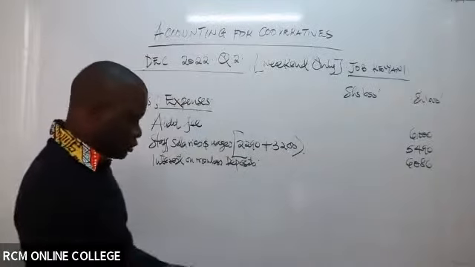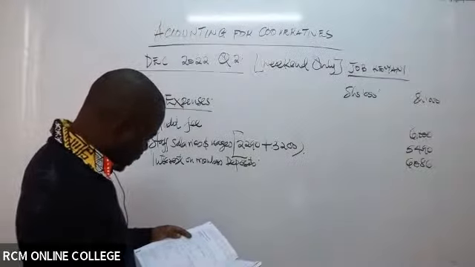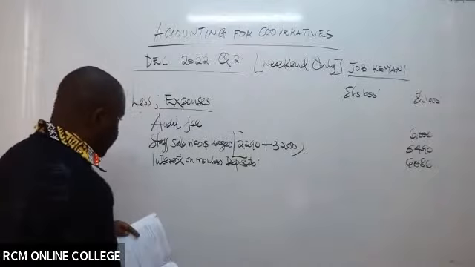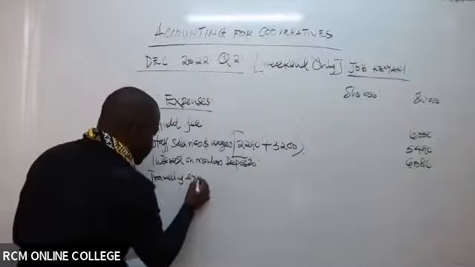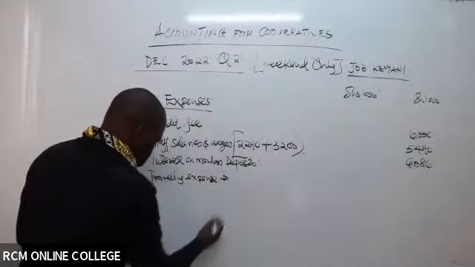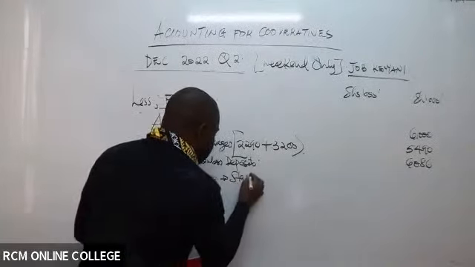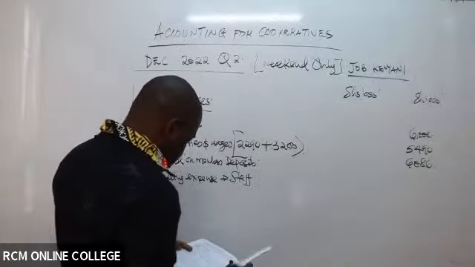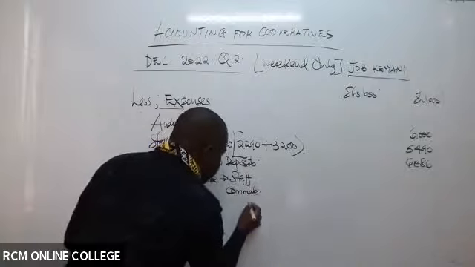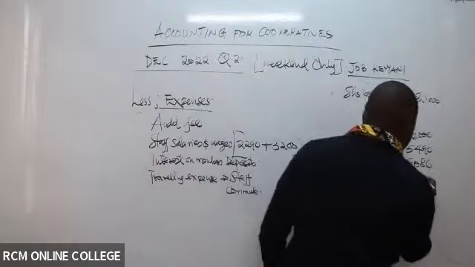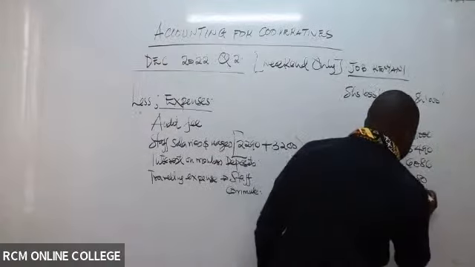For example, in the trial balance, we have traveling expenses, for staff, and then for committee members. This one will likely be 80, and this one is 100.